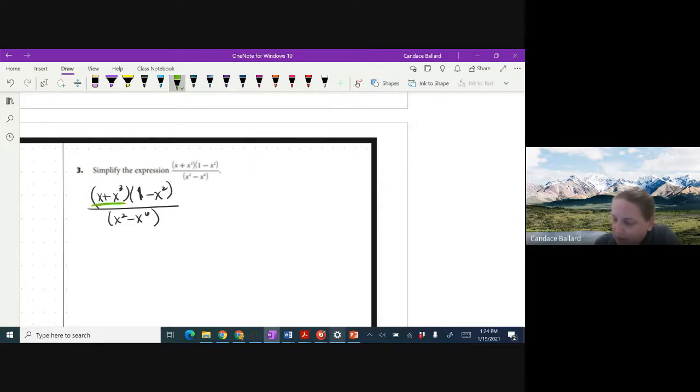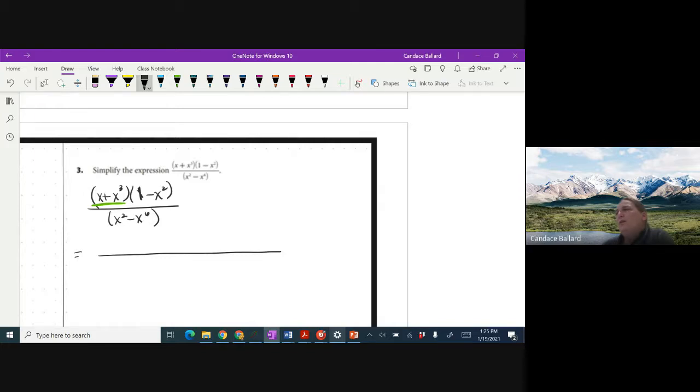Let's start with this one here, what I just underlined in green. What kind of factoring am I going to do? Tell me in the chat, what do you think we should do? I have 2 terms, but what's the first thing I always look for? Oh, greatest common factor.